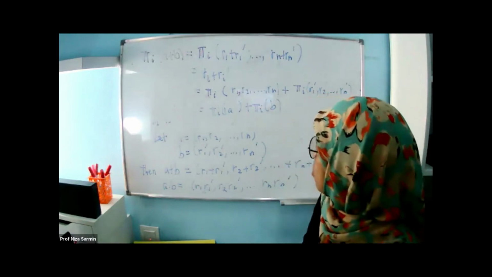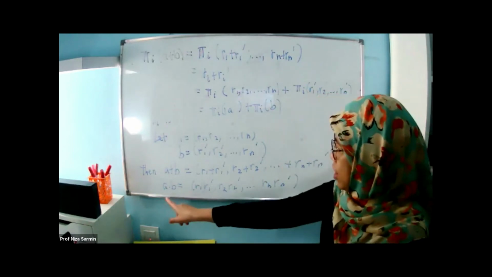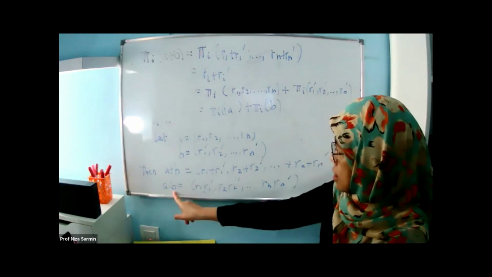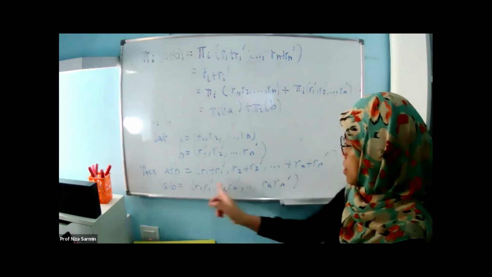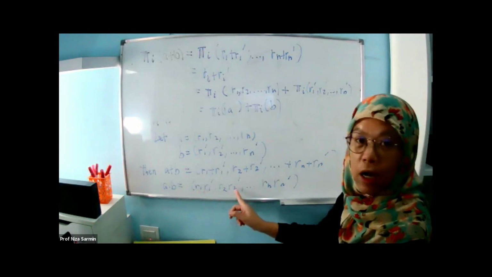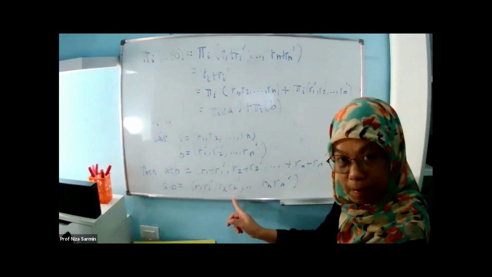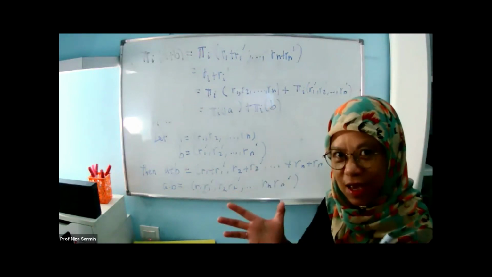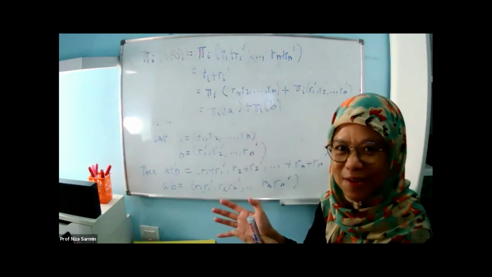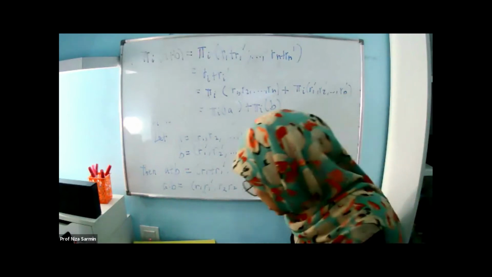You take phi of this, which is Ri Ri prime, which is phi of A times phi of B, right? I think that is clear.